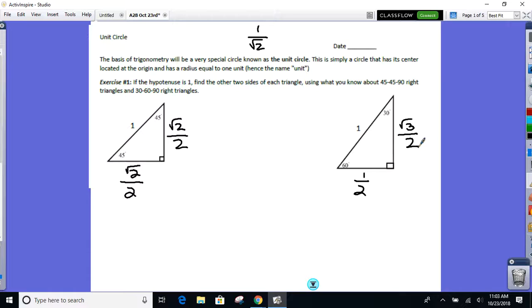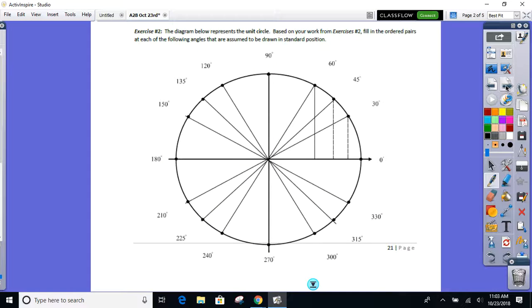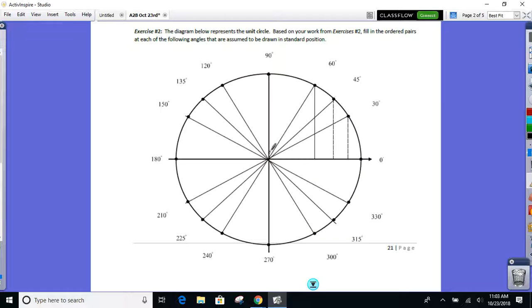Why do I put the number 1 on the hypotenuse? Why can't it be any other number? Here's why. From now on, at least for this week, I'm introducing it to you now, but we're going to be working in what's called the unit circle. Say hello to the unit circle up here. Why is it called the unit circle? What are these called in the circle, from the center to a point on the circle?